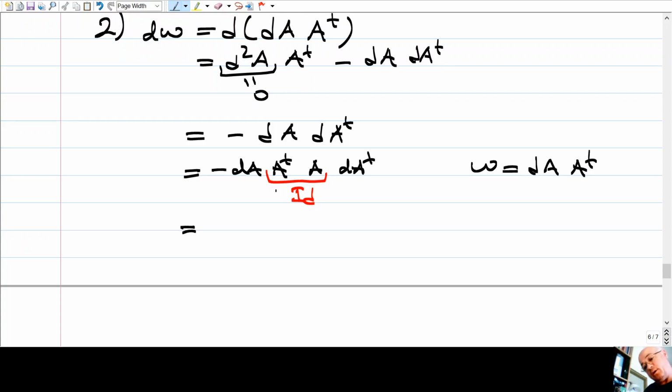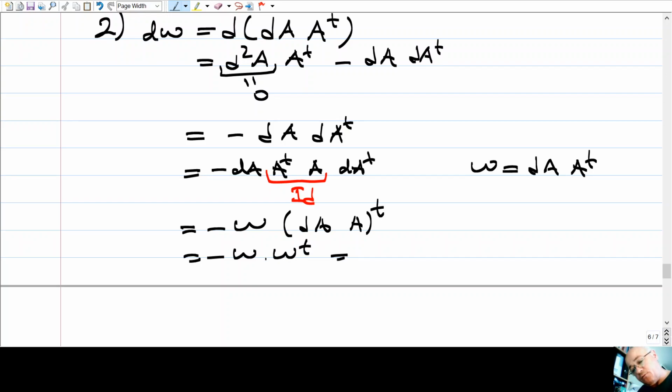So this is just minus omega, and then wedge product. Here I have wedge product, of course, of dA A transpose. So this is minus omega wedge product with omega transpose. But these are one forms, so I can just interchange the two, and I obtain this. All right, so this finishes the proof.